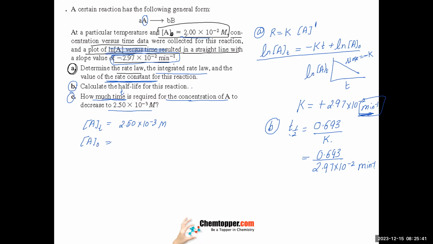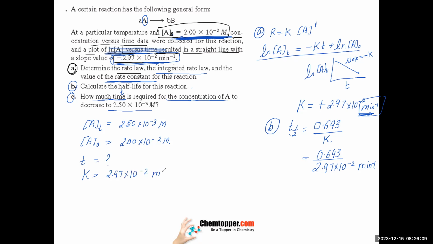It's given, see here. This is initial: 2.00 times 10 raised to minus 2 molar. Correct? Then they're asking t. Do you have k? Yes, it's given here: 2.97 times 10 raised to minus 2.